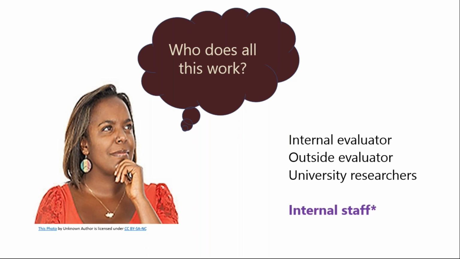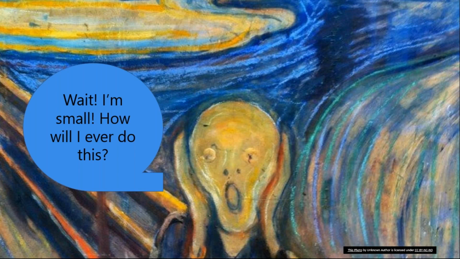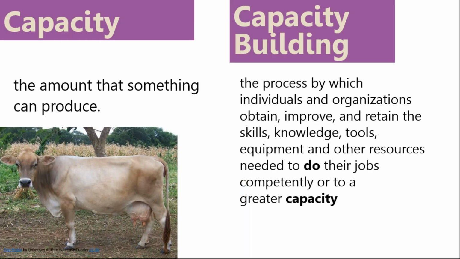And then there is you, the internal staff, whatever your position might be, especially if you're not that internal evaluator. I'm really gearing this talk to staff in general today. So you may be feeling a little bit like this right now, screaming, how am I going to add this or do this? Or, oh my gosh, my boss just asked me to do this and I don't know how. So let's see if we can't build some capacity today.